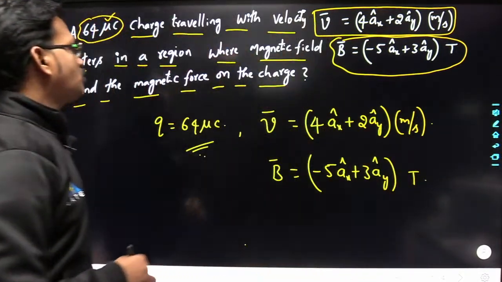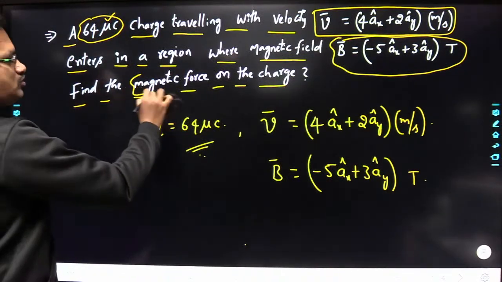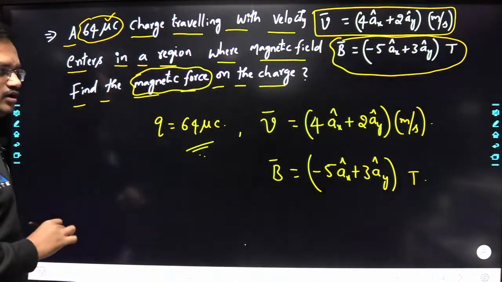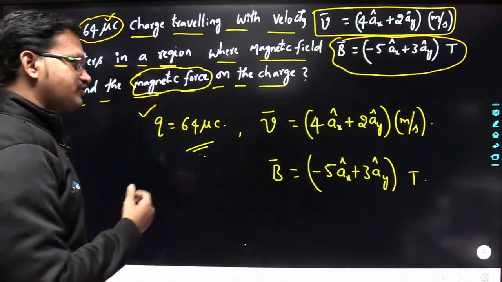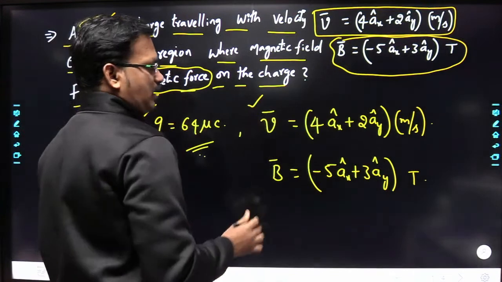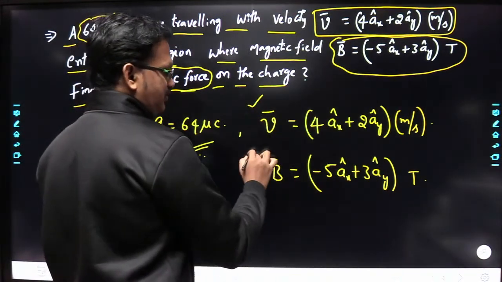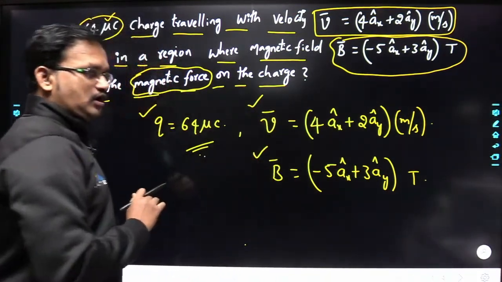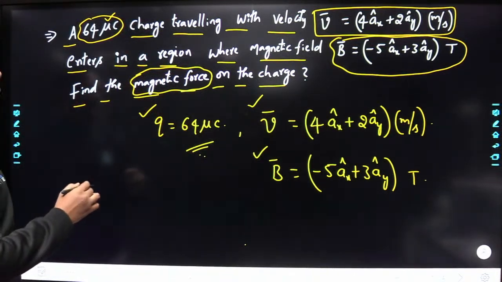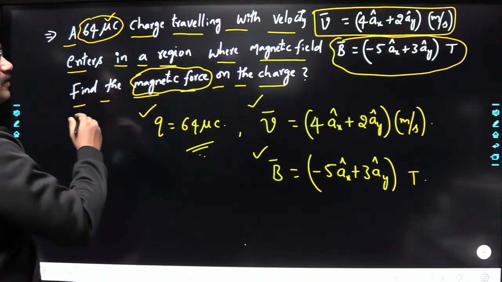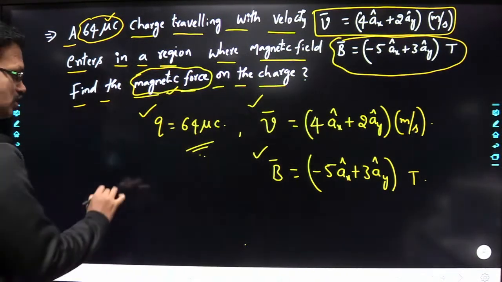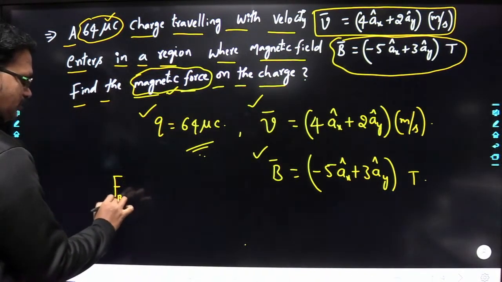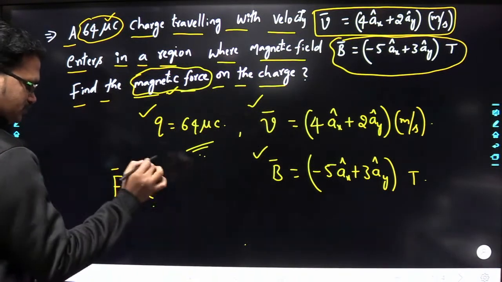Now you have to determine the magnetic force on the charge. They have given Q, the velocity with which it is moving, and the B field in which it is moving. Now they are asking to determine the magnetic force, that is Fm.